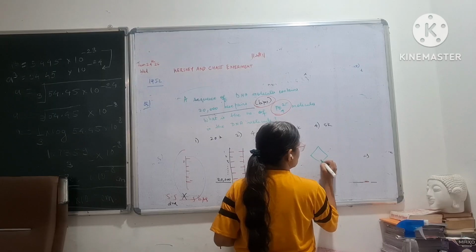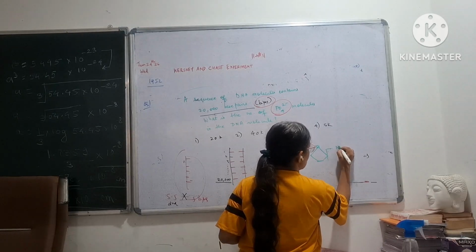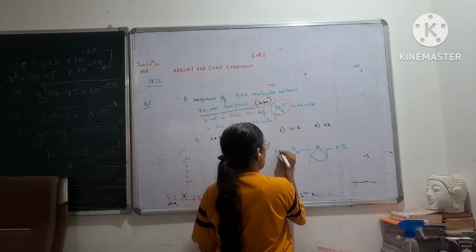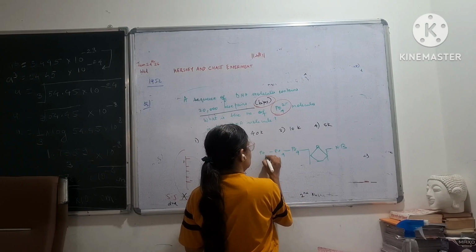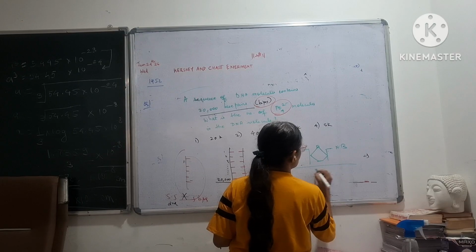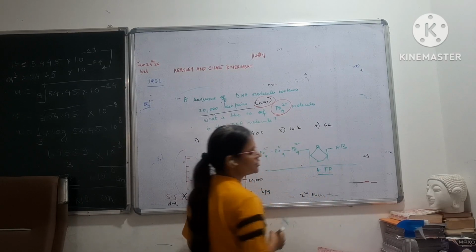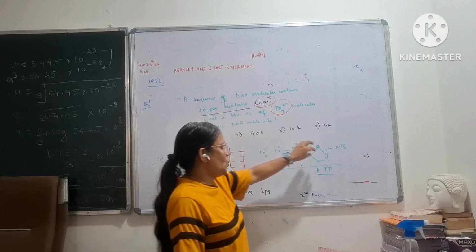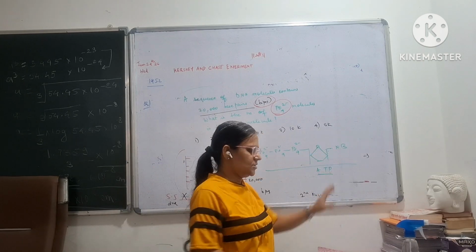Say this is the sugar, nitrogen base, and here I am having phosphate 1, phosphate 2, phosphate 3, right? So this is, say, suppose my ATP, adenosine triphosphate. This is one nucleotide having 3 phosphates, 1 sugar and 1 nitrogen base, right?